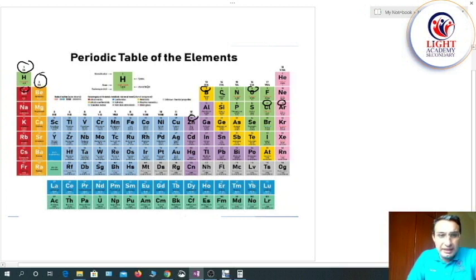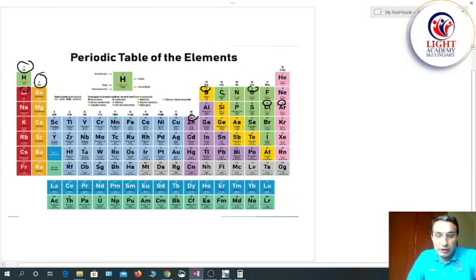Here you can see that elements are organized according to their increasing atomic number. It means that elements are placed in the periodic table by increasing atomic number. That is very, very important.